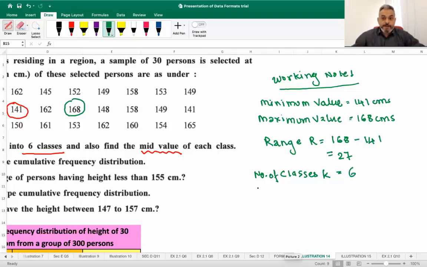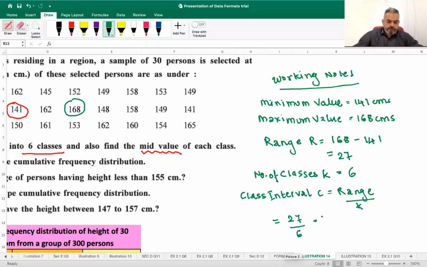Now what we have to find? We have to first find the class interval. So class interval C is equal to range upon number of classes K, which is equal to 27 upon 6, which is equal to 4.5.